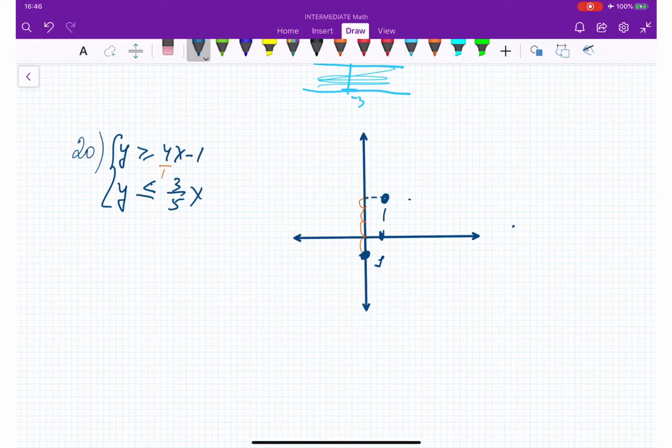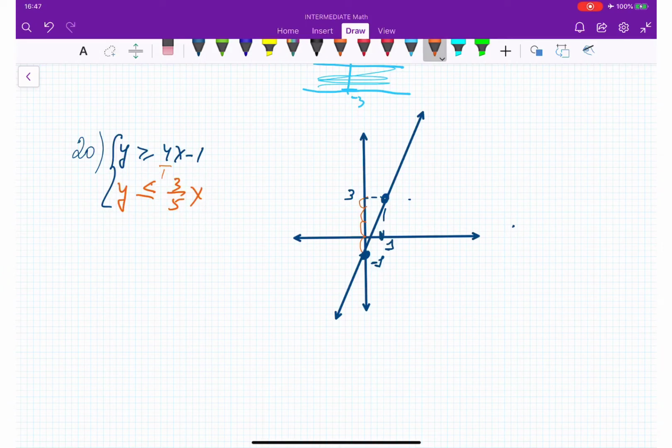So we're using these two points. Here we are coming up from -1, up by 4. It's going to be +3, this one, and this is +1. This is the first one.